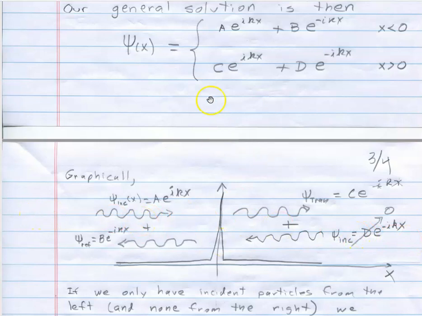So the most general solution has us simultaneously firing in particles from the left and a particle of mass m from positive infinity on the right. But we're only looking at the case where we're setting up an experiment where we're firing it in only from the left. And so we'll set D equal to 0 to represent that case.